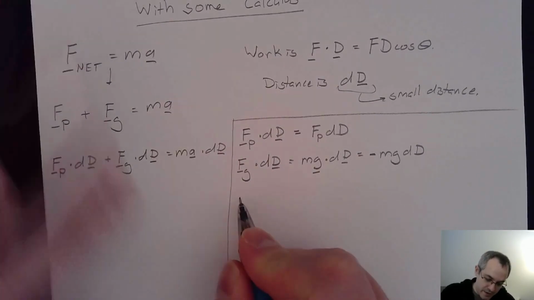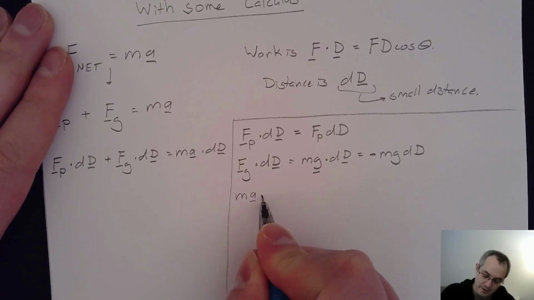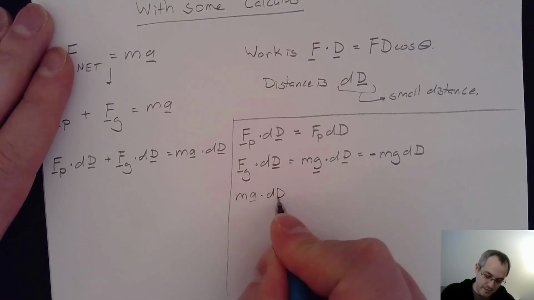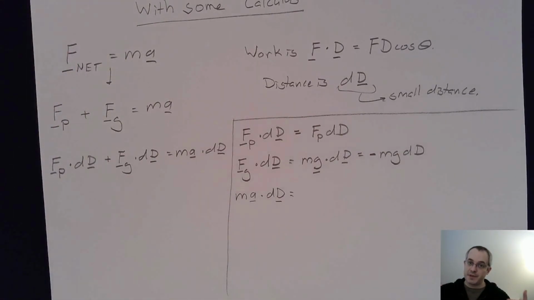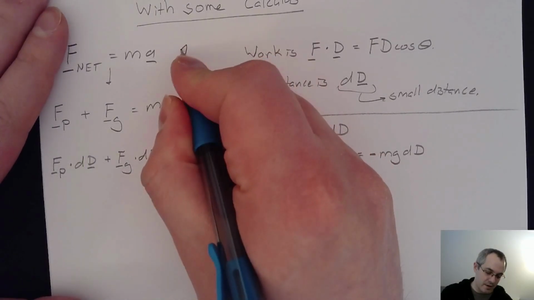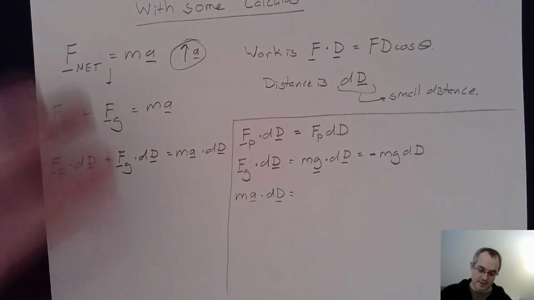Then this third term, ma dot dd. Those are going to be in the same direction, right? We had previously defined that a is a vector pointing up, and we're sticking with that. We're sticking with a being defined as going upward.